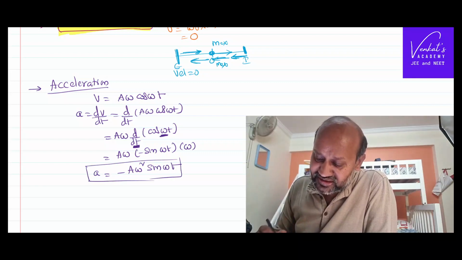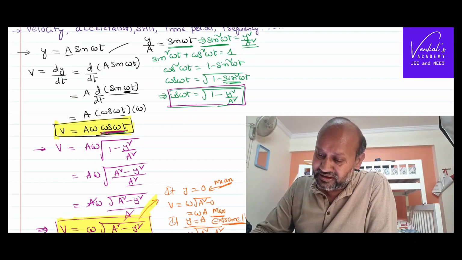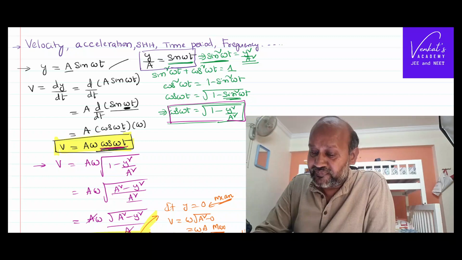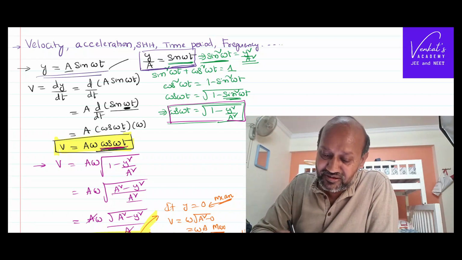We can use this as one equation. But if you notice a little carefully, earlier we derived the displacement equation y by a equal to sine omega t. That implies y equal to a sine omega t, which implies sine omega t equal to y by a.